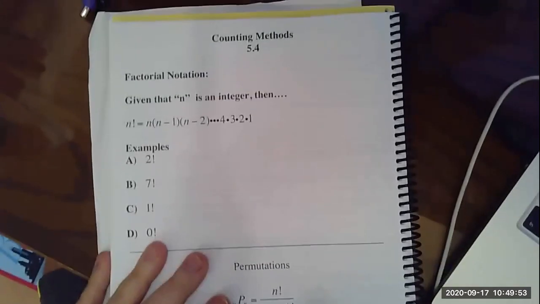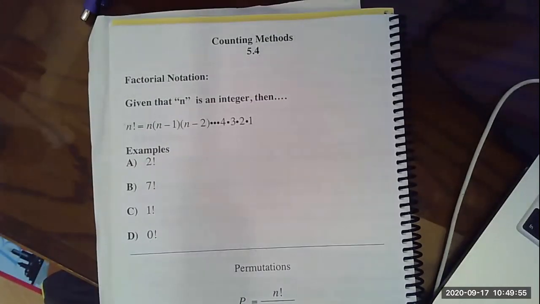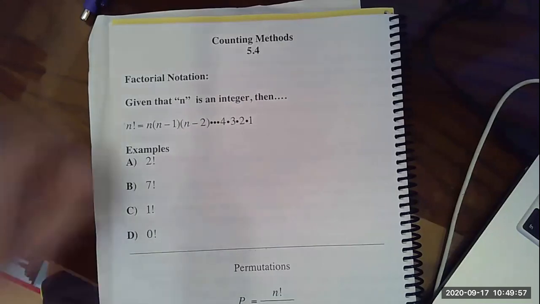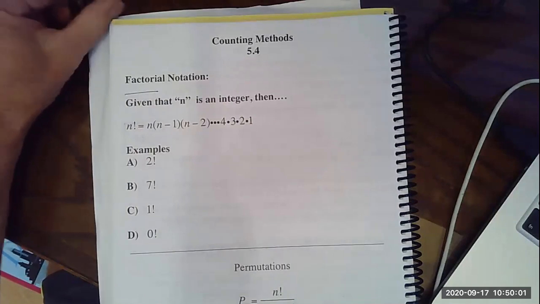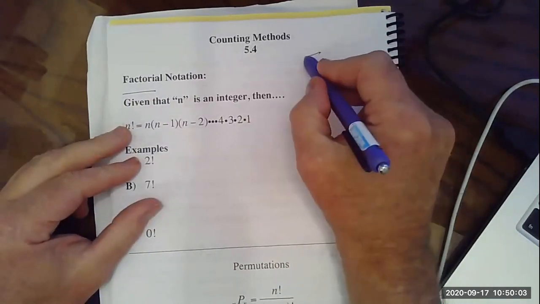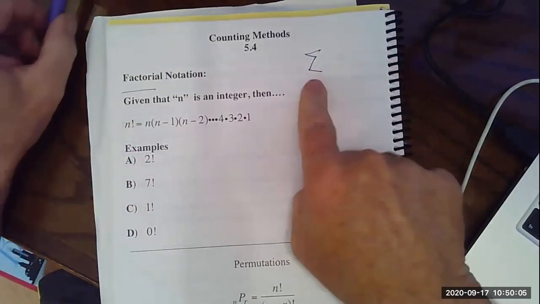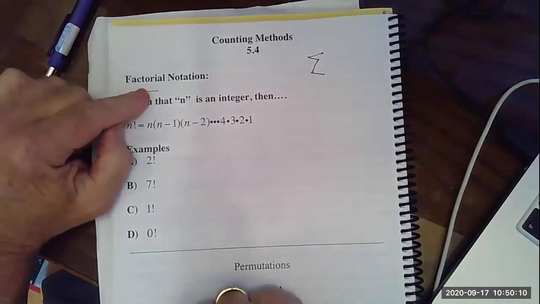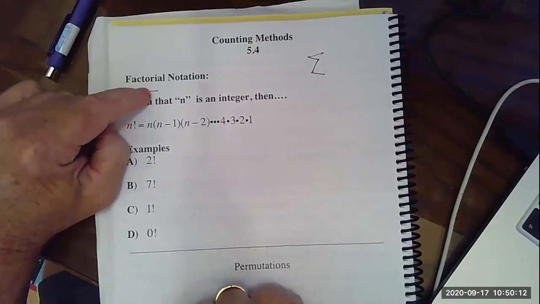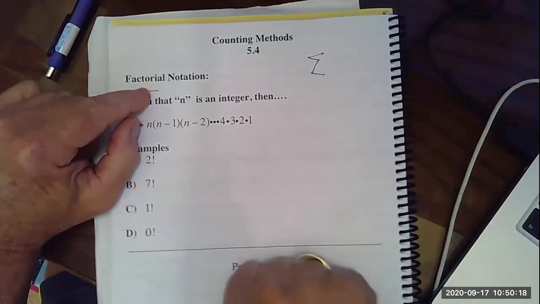Okay, and the next thing you'll see from me and also in the textbook is this notation called factorial notation. All of you should claim to have seen that if you took high school advanced algebra, the pre-course for this.